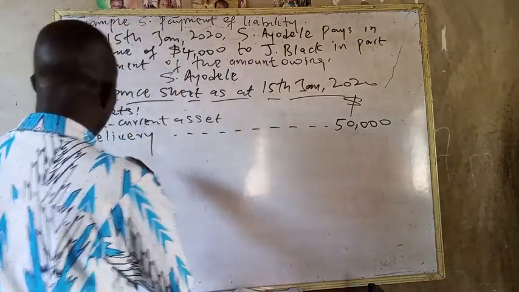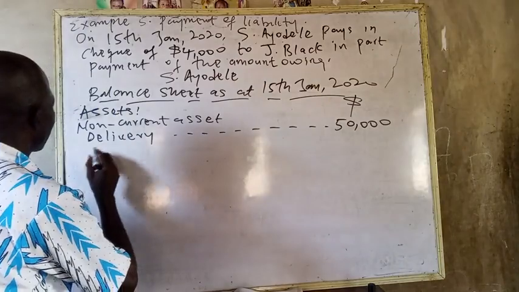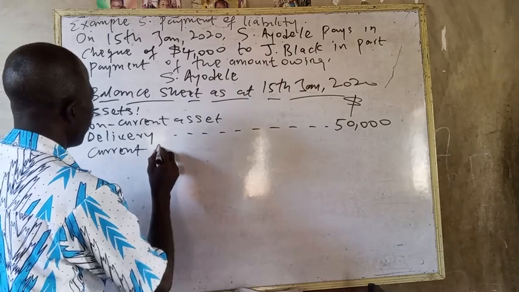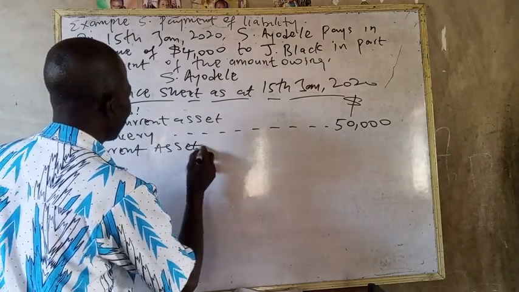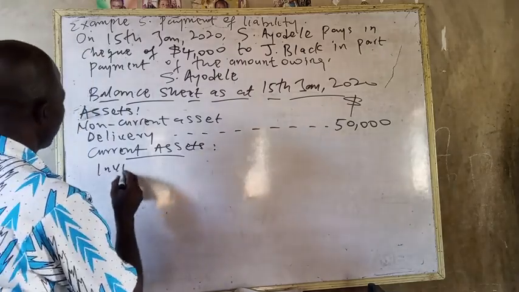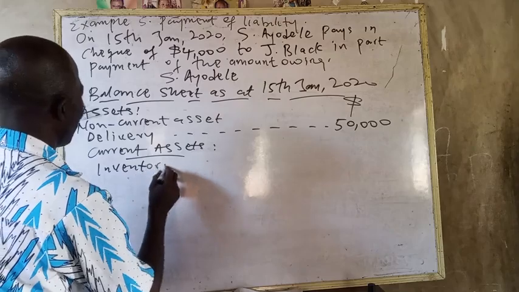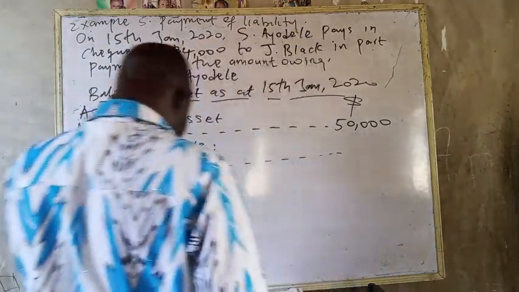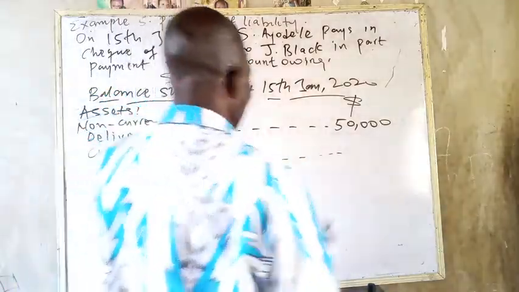Then you have current assets. You start with inventory, because you already have inventory. And what is the amount? That's reduced to 7,000.